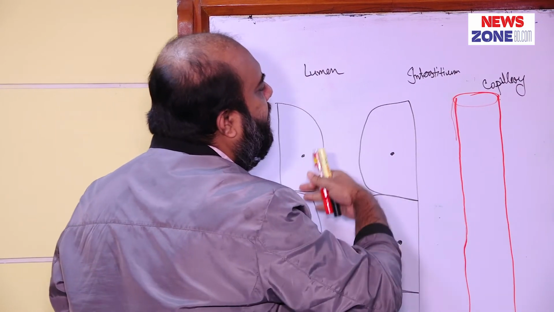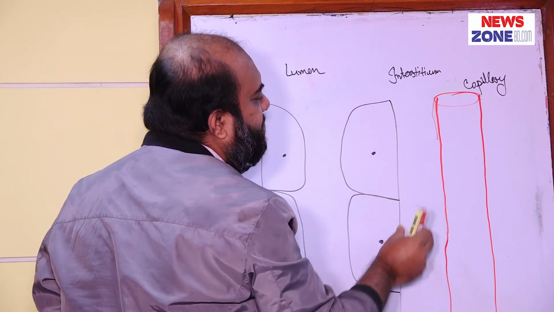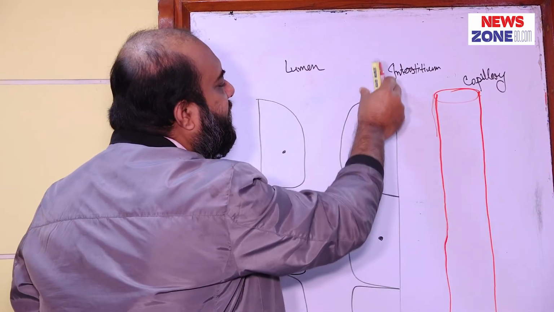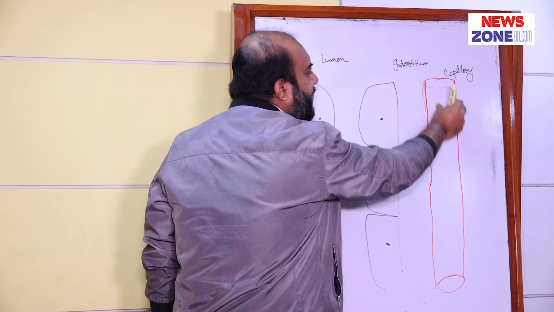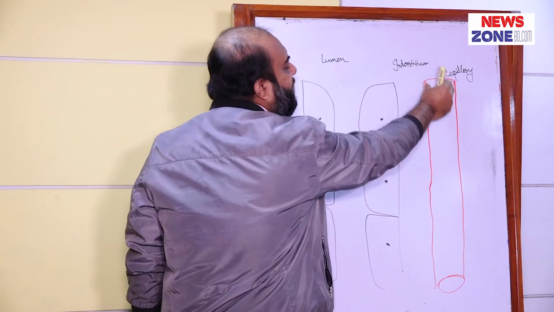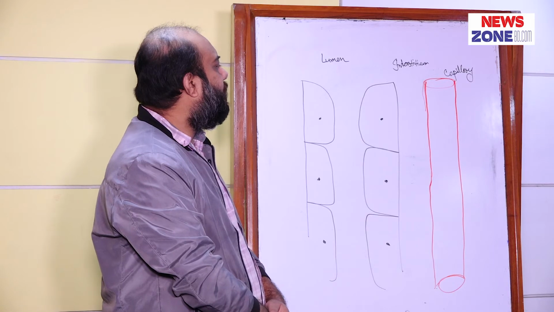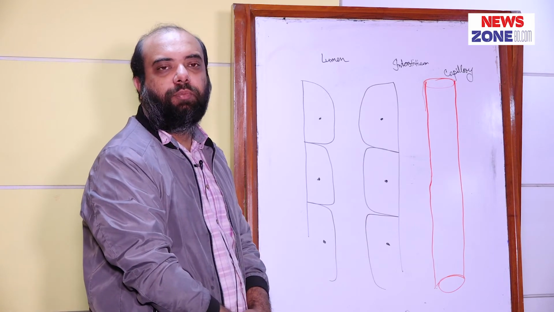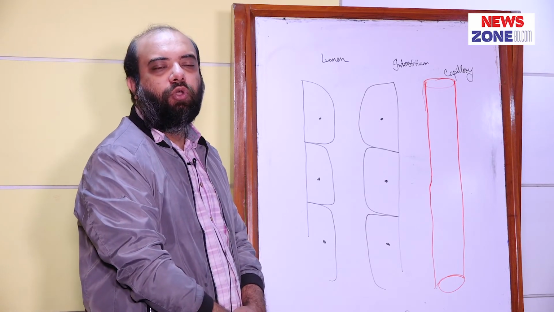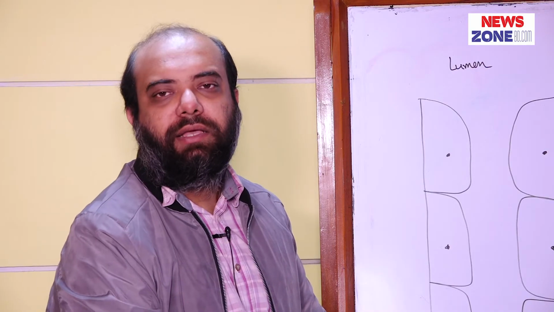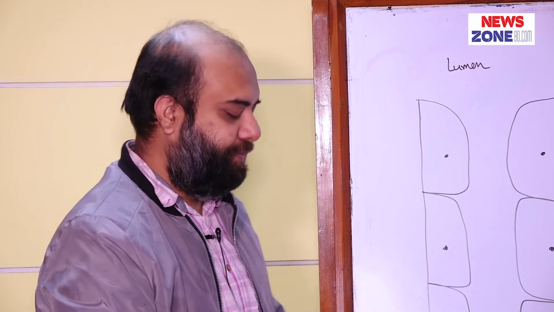And then comes the interstitial space, which is situated between the renal tubules and the peritubular capillary, and this one is the peritubular capillary system. So for better understanding of the transport process of sodium ion, we have to know where the sodium ions will go.